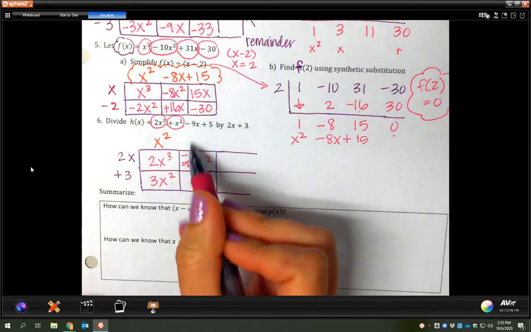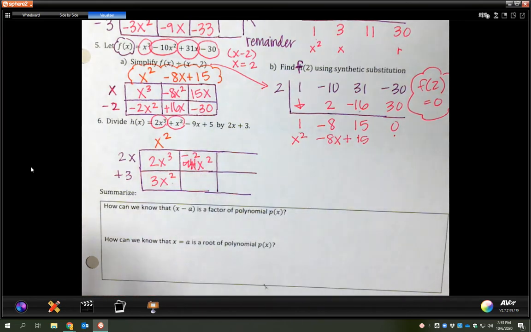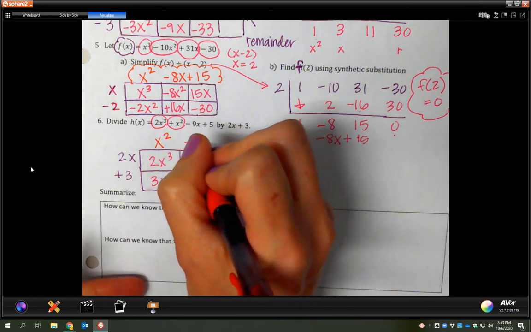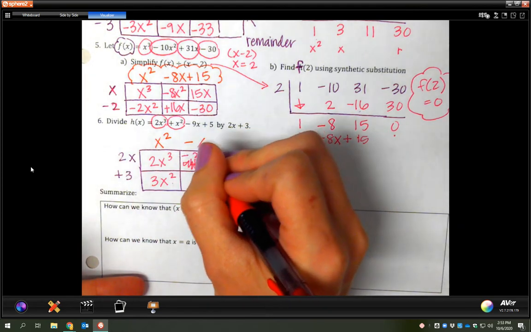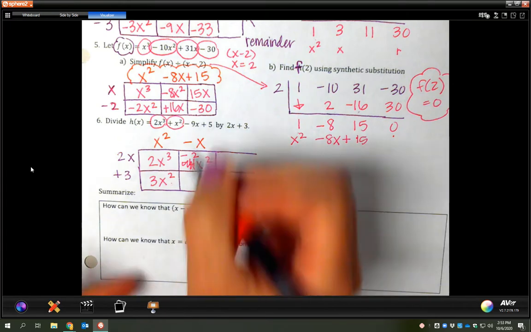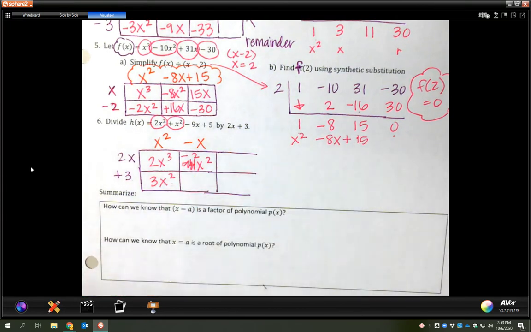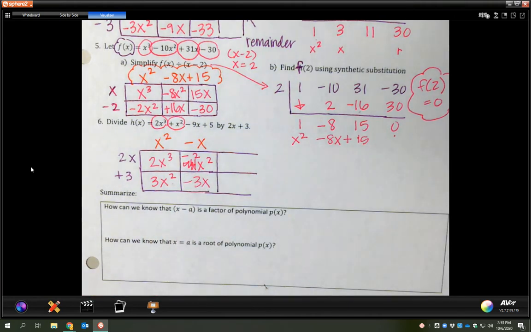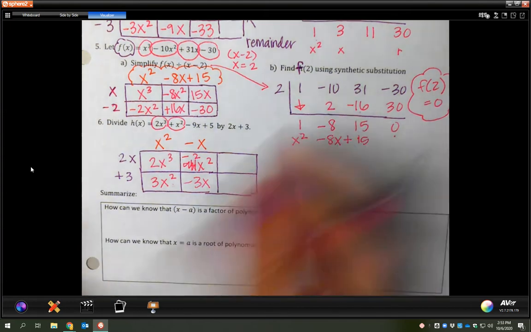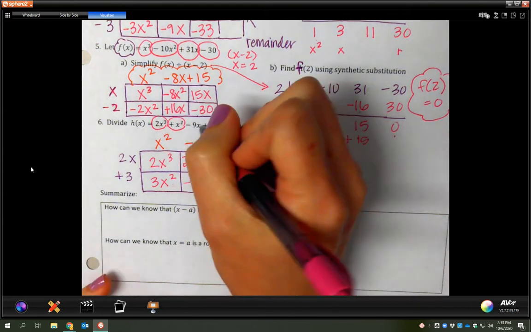So then I can go up here, and this would have to be negative, I'm trying to think of what multiplies to 2x to get negative 2x squared: negative x. And then negative x times 3 is negative 3x. I can go to the next column, and the next term, negative 9x.